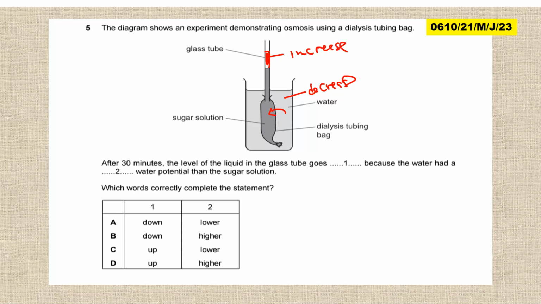After 30 minutes, the level of liquid in the glass tube goes up because the water had high water potential. So you're looking at up, high, which is the D.